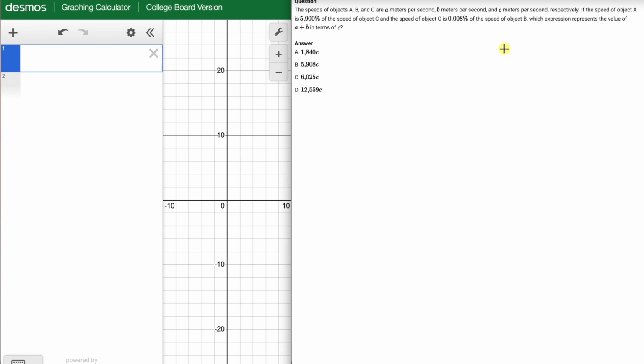Usually when you get percent problems like this, I would make a bracket regression, use that to find the values of each letter, and then see which answer A plus B is equal to.